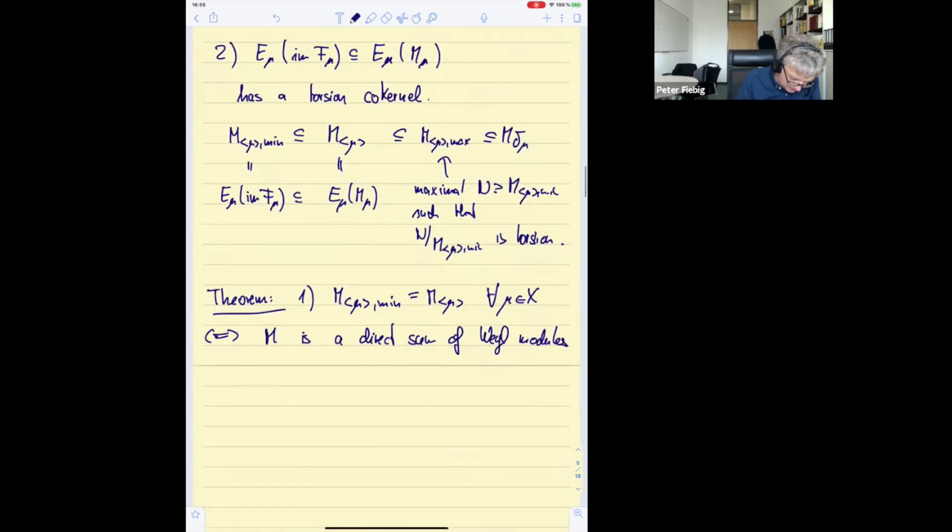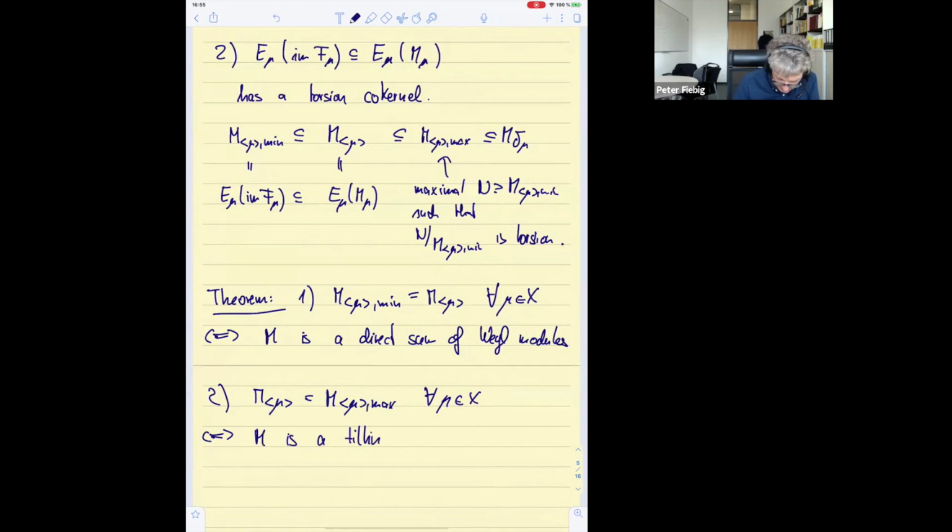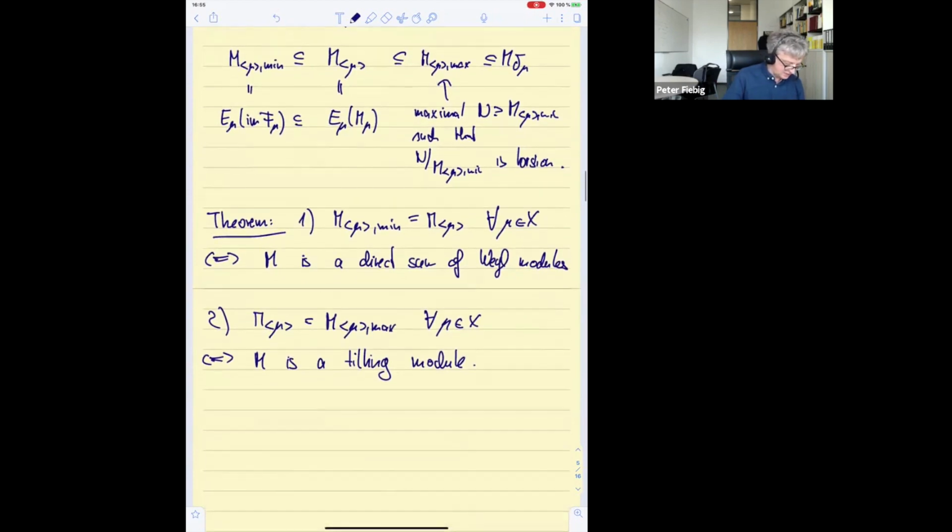And on the other extreme, if this intermediate subspace is always maximal for all mu, then this is the case if and only if M is a tilting module, a direct sum of indecomposable tilting modules, of course. So these are the two extremes where you have the Weyl module and the tilting module on either side.